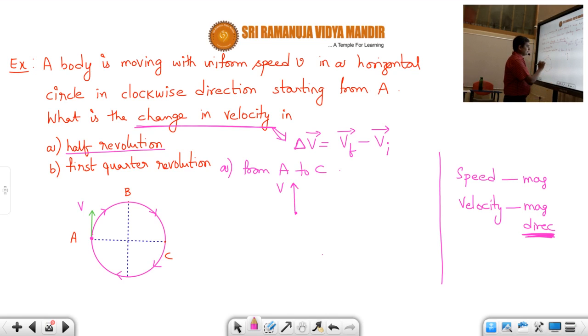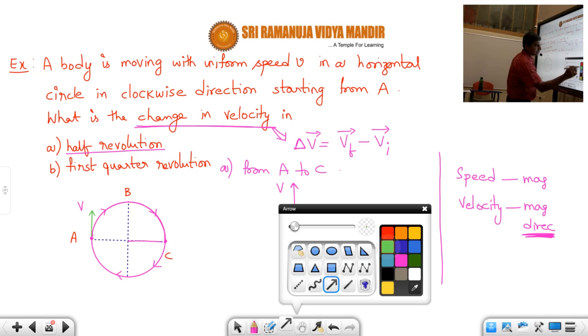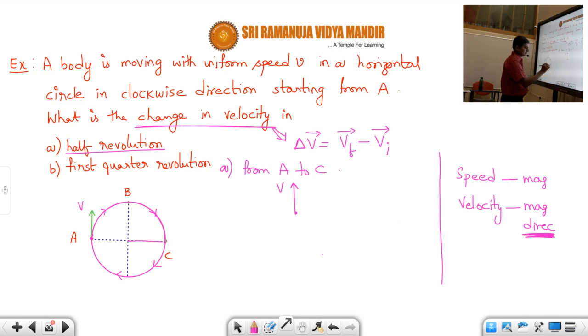Now when it comes to C, after completing half revolution, what is the direction of velocity, students? It is downward. Just now I told you it is tangential, and because it is going in the clockwise direction, it will be downward, students. Same magnitude. Since it is in the downward direction, I can write it as minus V vector.